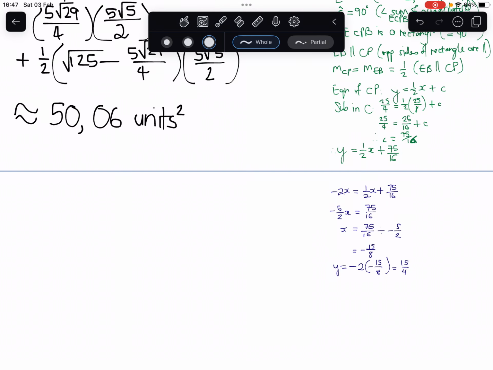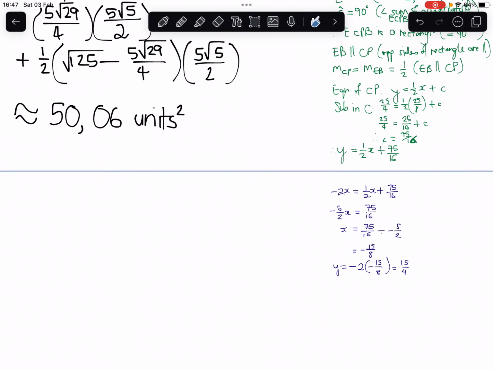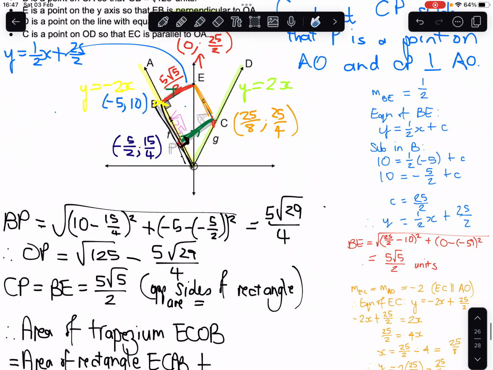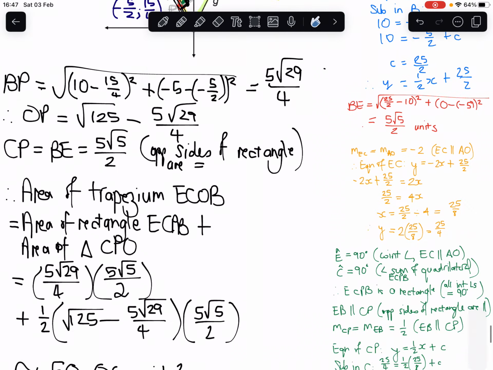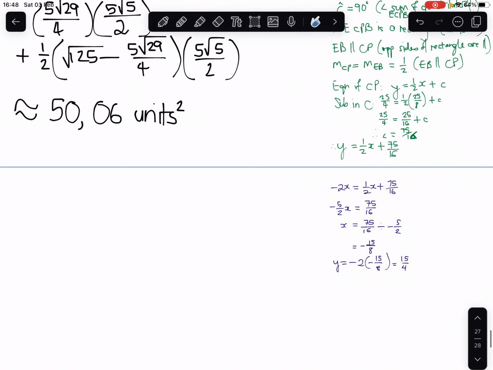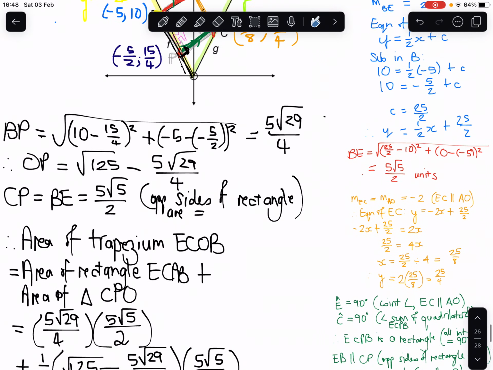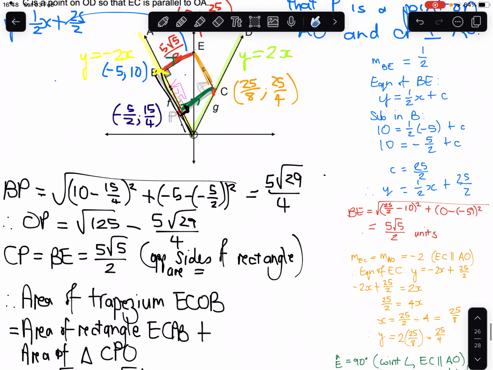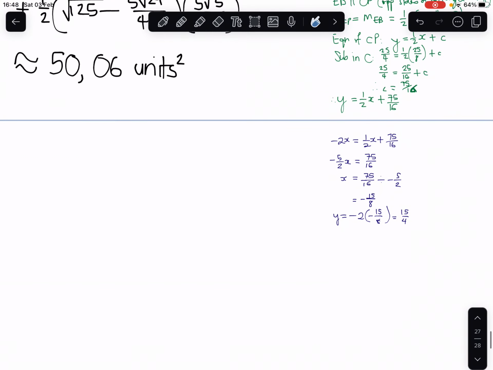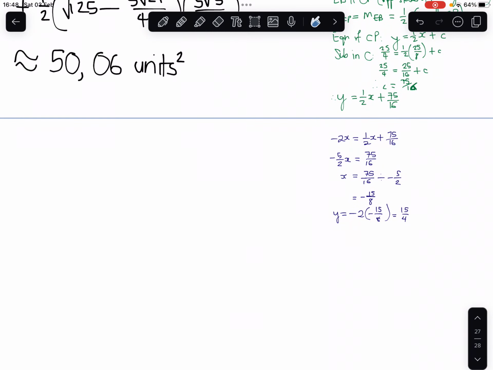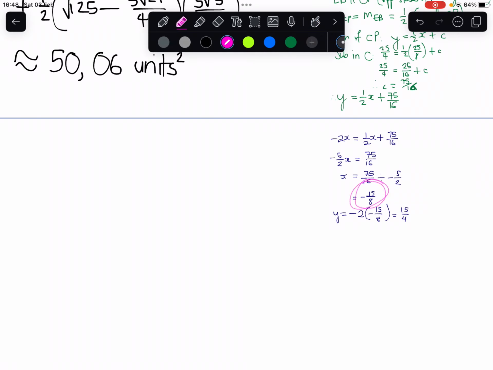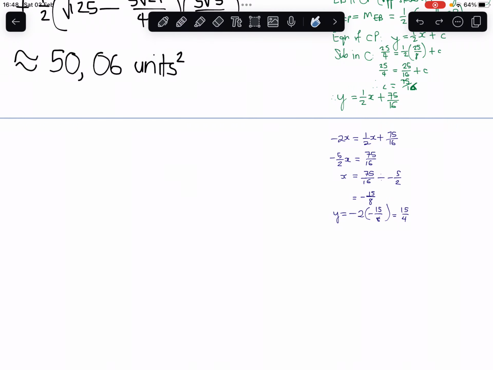Right, so now we had the coordinates of all these significant points. Right? Oh, guys. How did I decide that P is negative 5 over 2? The x-coordinate of P is negative 15 over 8, not negative 5 over 2.